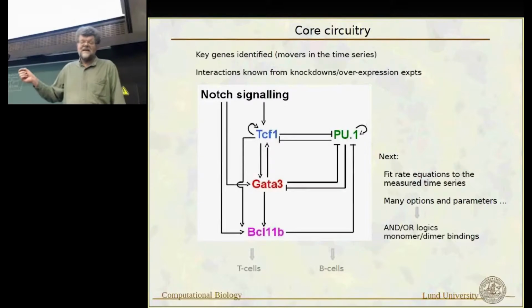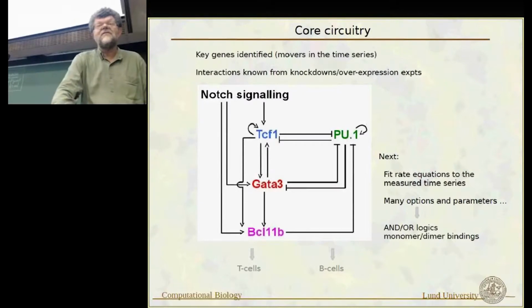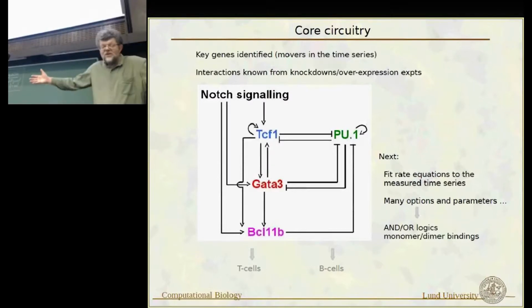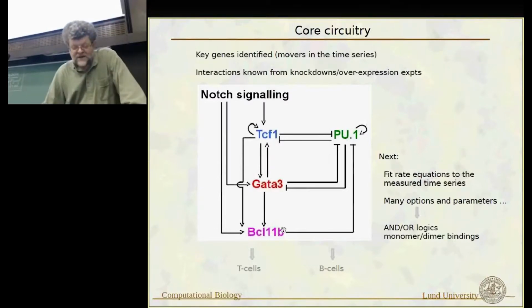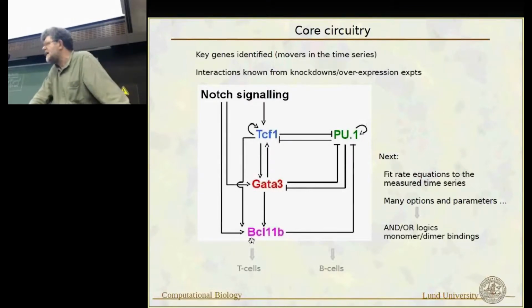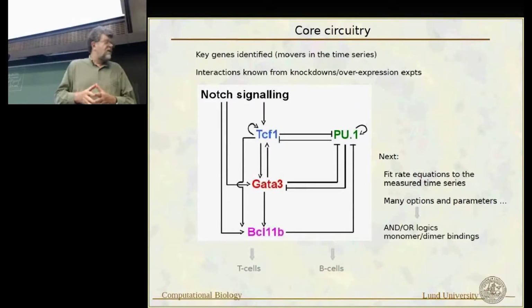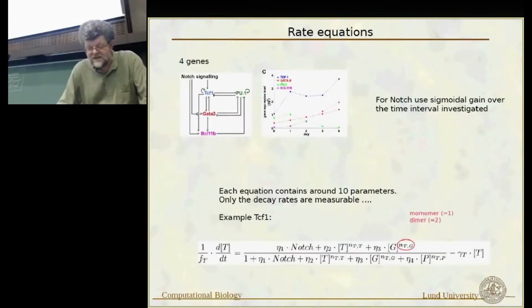That doesn't imply that they're not collaborating here as cofactors, but at least they don't seem to drive anything. It's also a question, when you have interactions, like down here, you have three factors going into BCL11B. Do they act with an AND rule, with an OR rule? And do they act as a dimer? We don't know. So it's not only a question of writing down a rate equation with all its binding parameters, it's also a question of which rate equations to write.